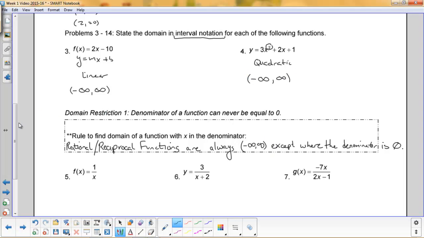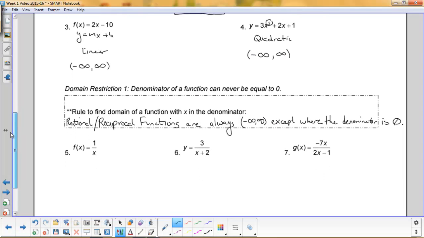All right, in questions number 5 through 7, we're going to explore one of our 2 domain restrictions for today. This is known as a rational function, otherwise known as a reciprocal function. Reciprocal functions go everywhere. That means that their domain is negative infinity to positive infinity, except where the denominator is 0. Very important.